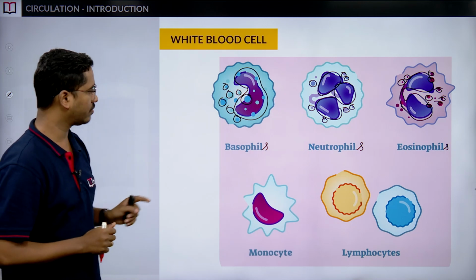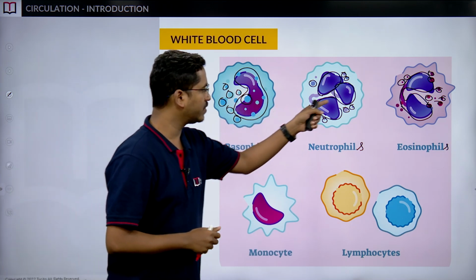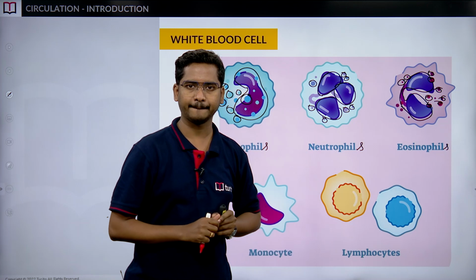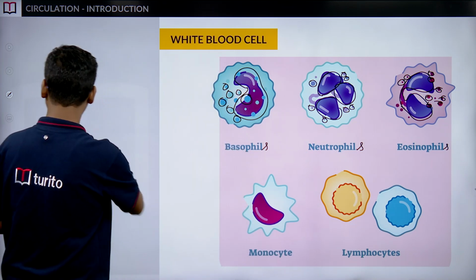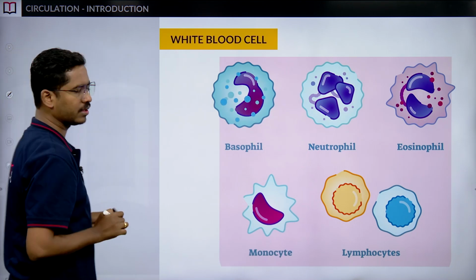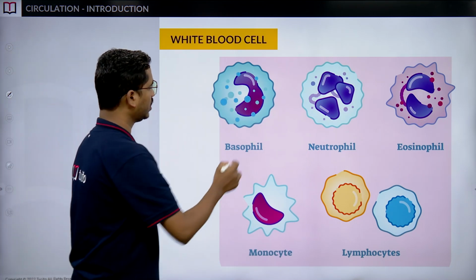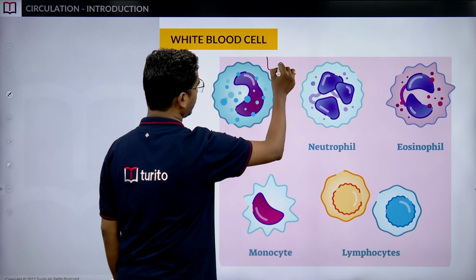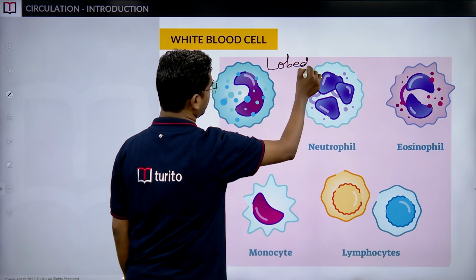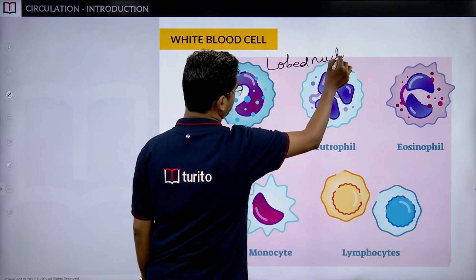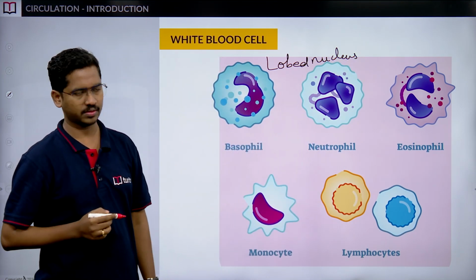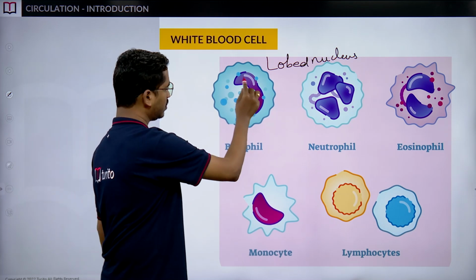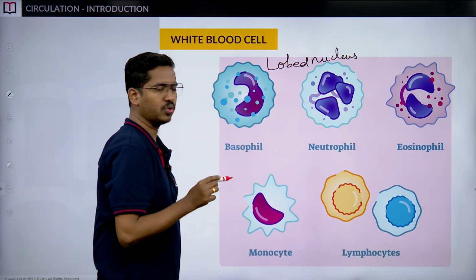The other thing you can find out is the shape of the nuclei. Now, if I have to show you what I am pointing at, here the nucleus has a lobed structure. If you observe, this is a bilobed structure, 2 lobes.